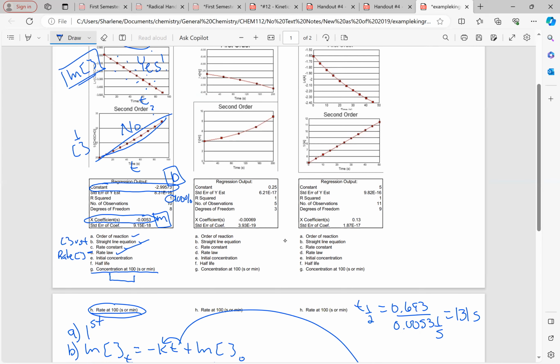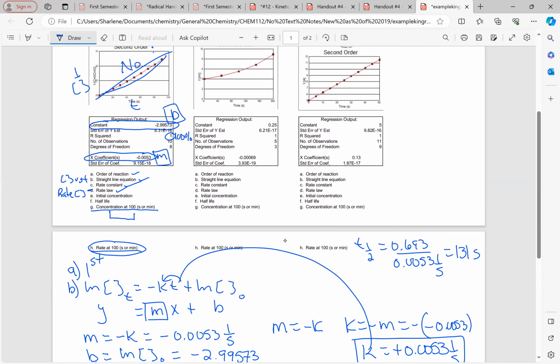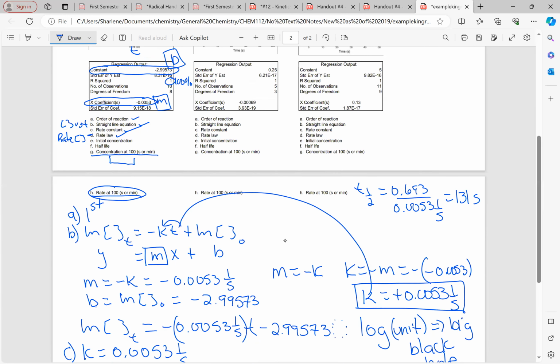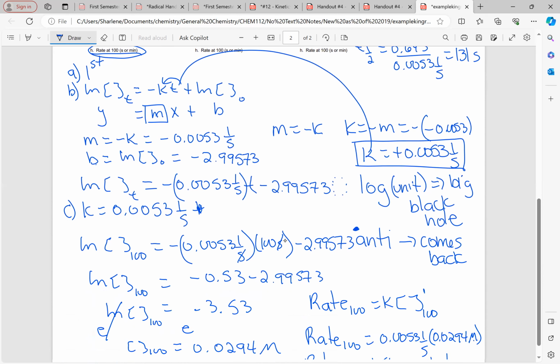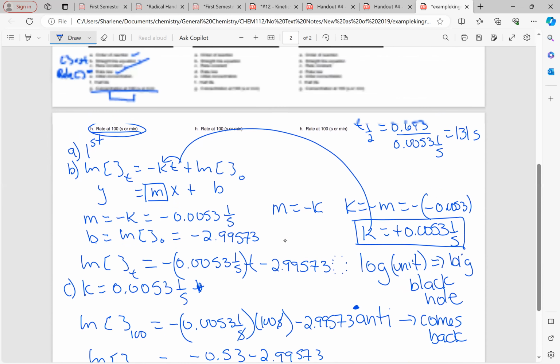Once I knew the constant and the slope, I could find the straight line equation, and I could plug those in. Once I had the straight line equation, I could find k, the rate constant. I could find the initial concentration. Whoops, I erased that, the initial concentration. Once I know the slope and the intercept, I pretty much can find everything else.